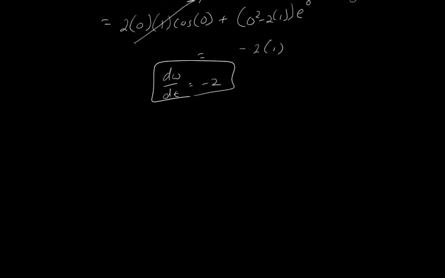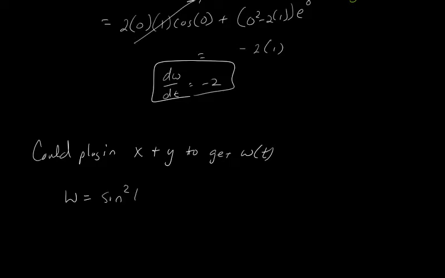So to show you what I mean, let's see here. We could plug in x and y to get w as a function of t. So that would have been w equal to sine squared of t times y, which was e to the t, minus y squared, which is e to the 2t.